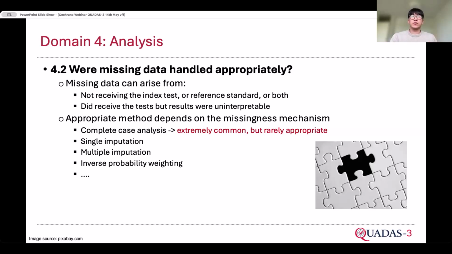Another method for dealing with missing data is inverse probability weighting, where you try to reconstruct a pseudo population. And there are many other different methods. But if you're not a statistician, you might want to consult a statistician if you see a method which you are not very familiar with.